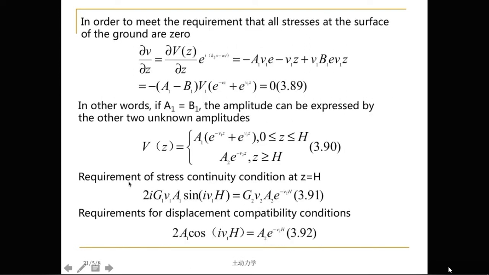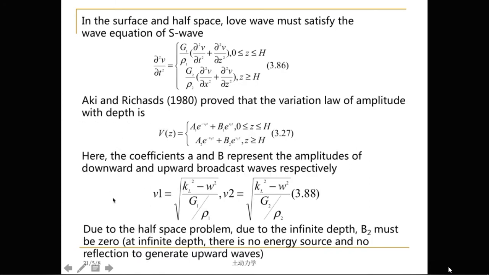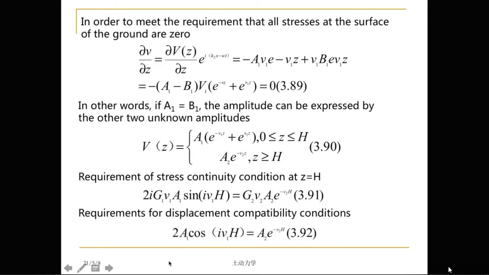Due to the half space problem, due to the infinite depth, B2 must be 0 at infinite depth. There's no energy source and no reflection to generate an upward wave.